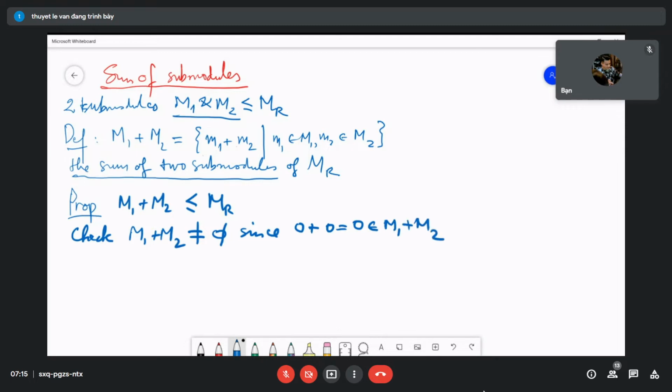So that is not the empty set. Here, 0 belongs to M1 and 0 belongs to M2, so that belongs to M1 plus M2. Now we take X in M1 plus M2 and Y also in M1 plus M2.